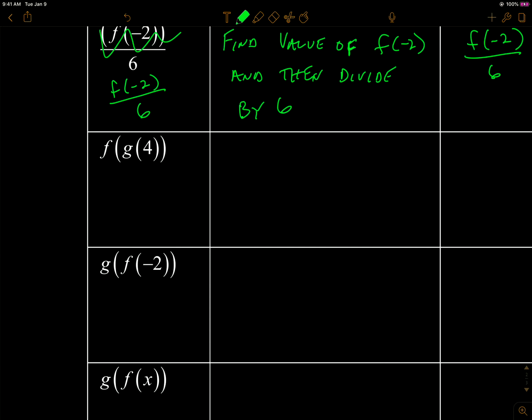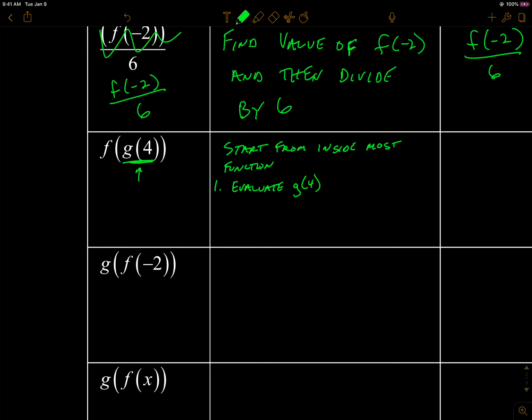Okay, this one is a function inside of a function. It's like a nested function. So we always start from the inside out. So we're going to start from the innermost function, or parentheses, however you want to look at it. So step 1 is to evaluate g of 4.